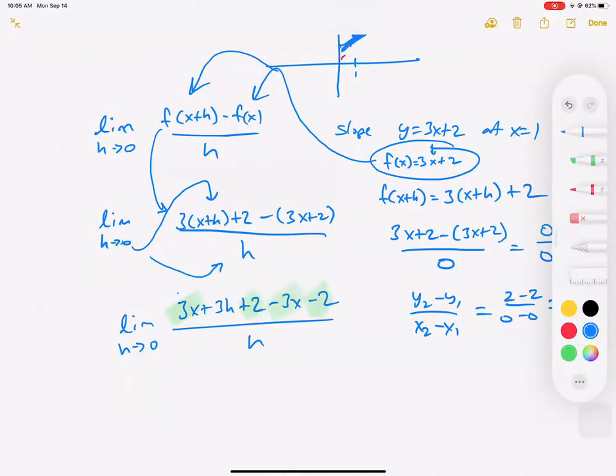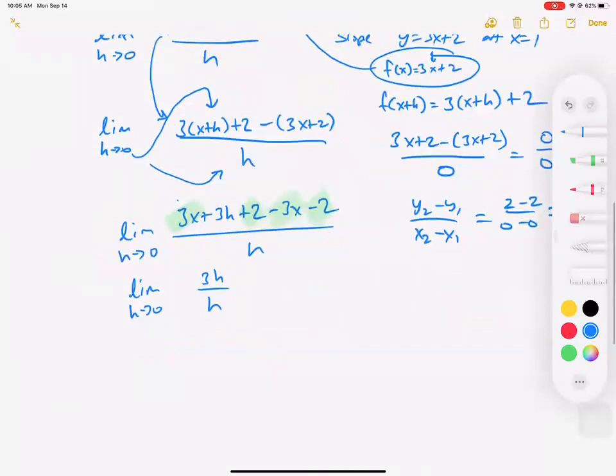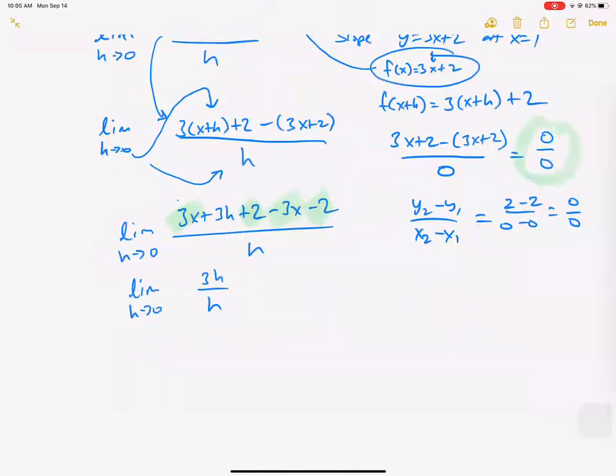So we're left with the limit as h goes to 0 of 3h over h, which is perfect because remember how we ended up with 0 over 0 over here? That's our 0 over 0. We have found the spy.